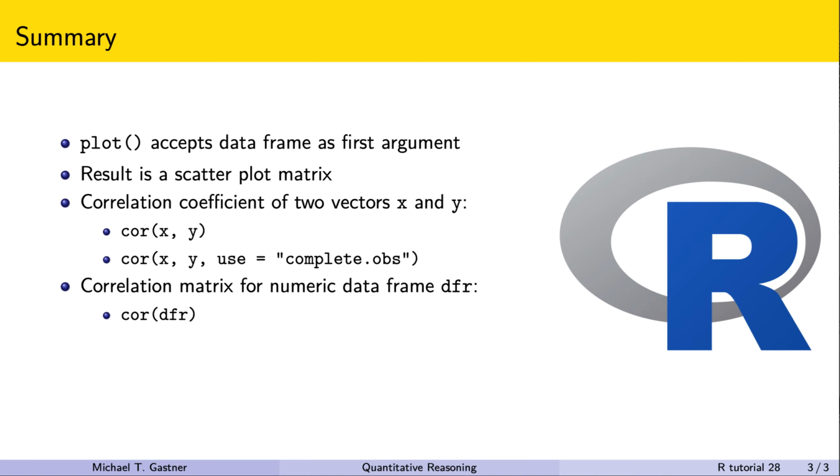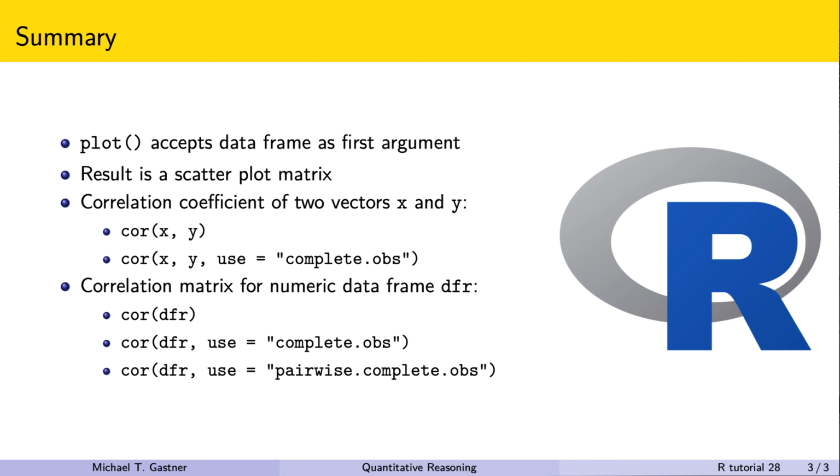If we have a purely numeric data frame, DFR, we can calculate the correlation coefficients for all pairs of variables with cor(DFR). We can remove missing values with the argument use. If we want to remove all rows with at least one missing value from the calculation, we set use equals complete.obs. If we want to include all pairs of non-missing values in the calculation, we set use equals pairwise.complete.obs.